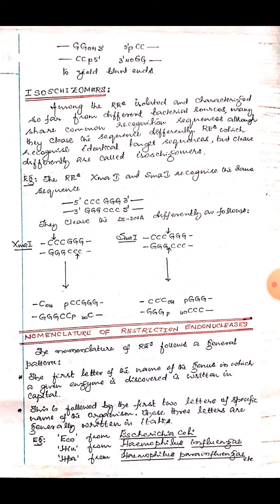Look at the next diagram, the way XmaI cuts the DNA, whereas SmaI cuts the DNA. XmaI produces staggered ends, whereas SmaI produces blunt ends. Therefore, I call XmaI and SmaI isoschizomers. They have the same target sequence, but the way they cleave the DNA molecule is different. This is one concept I wanted to tell you.